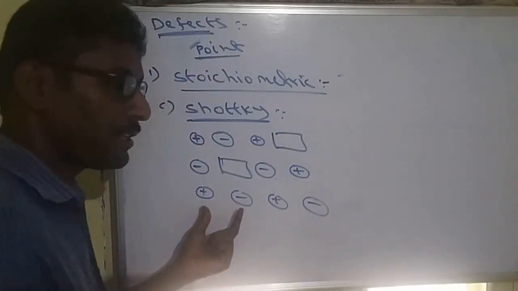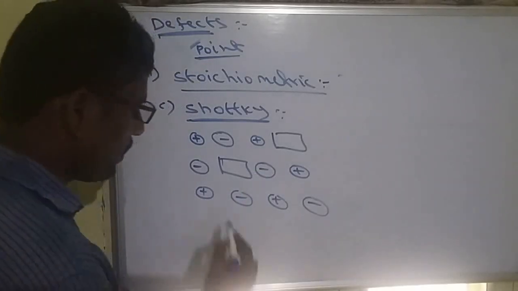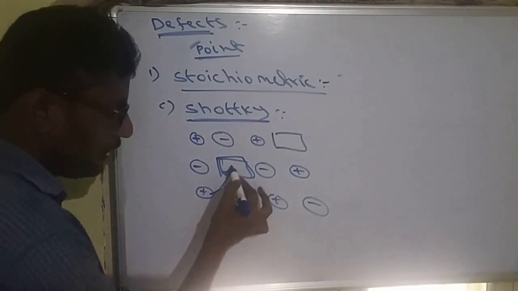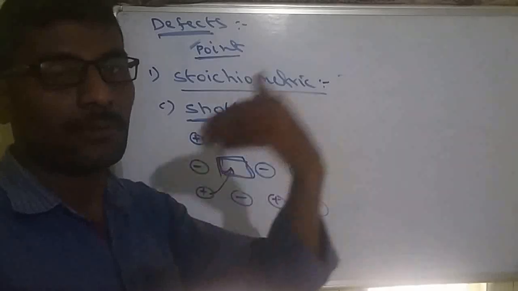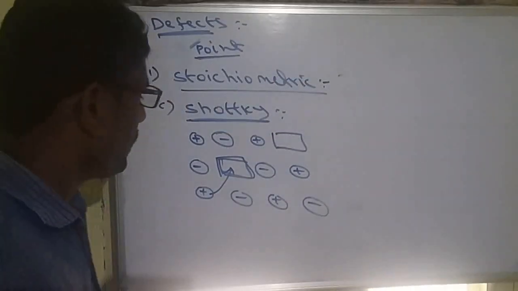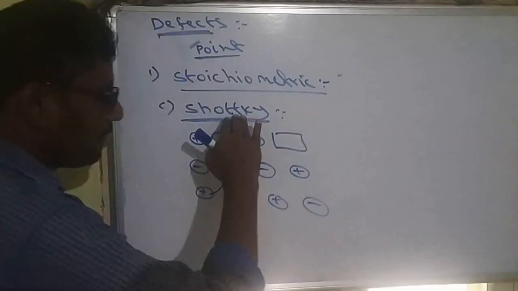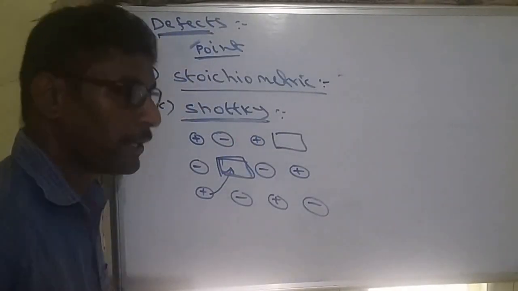So density decreases and lattice energy also decreases. But because of these gaps, ions can freely move into the gaps, so movement will be increased and conductivity also increases. So these are the characteristics of Schottky defects, which are due to missing of equal numbers of positive and negative ions.